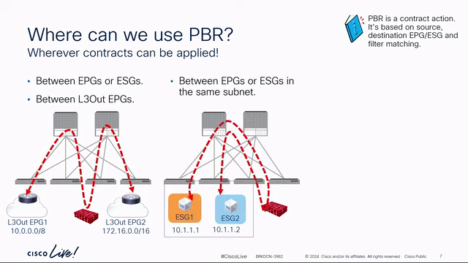Even between EPGs or ESGs in the same bridge domain subnet, we can redirect traffic to the firewall. This intra-subnet firewall inspection might be pretty difficult in the traditional network. But thanks to contract in ACI, we can easily redirect the traffic to firewall.